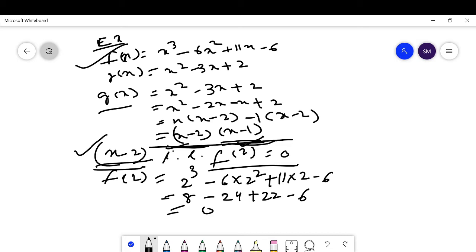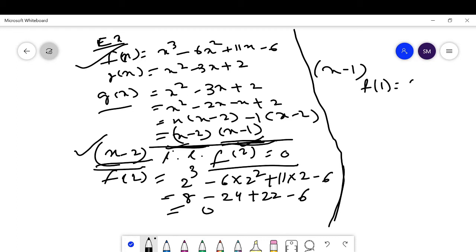Then let us take x minus 1. x minus 1 is a factor of f(x) when f of 1 is equal to 0. Let us find the value of f of 1.